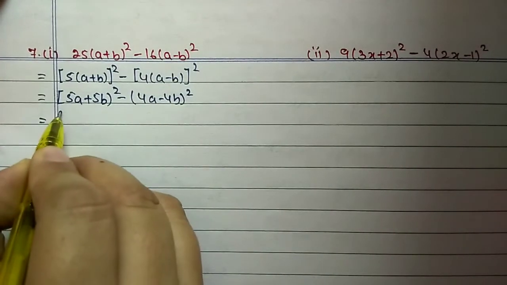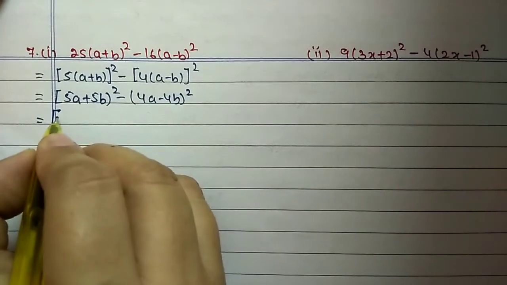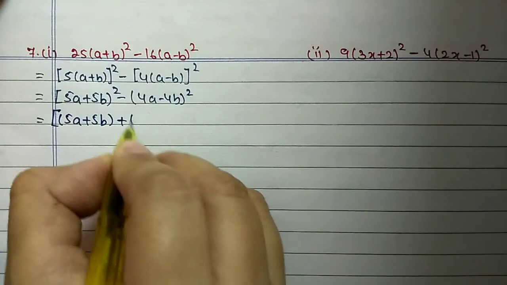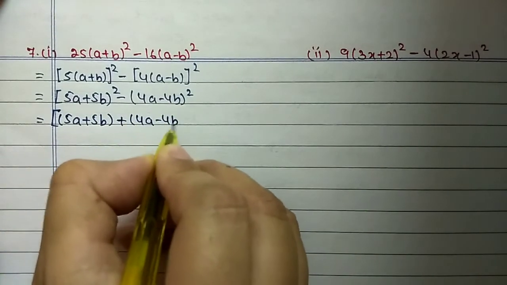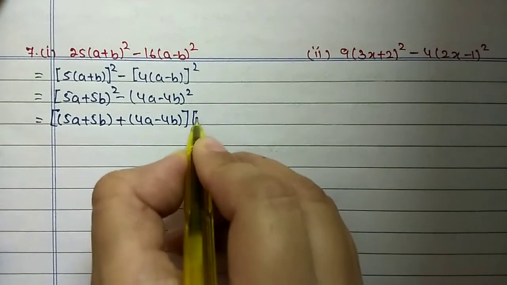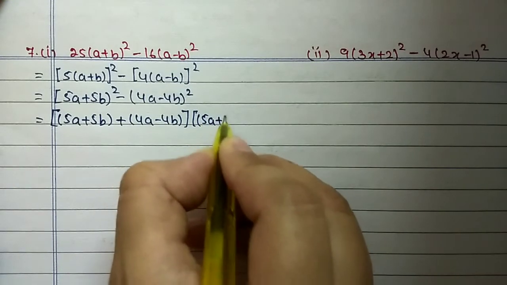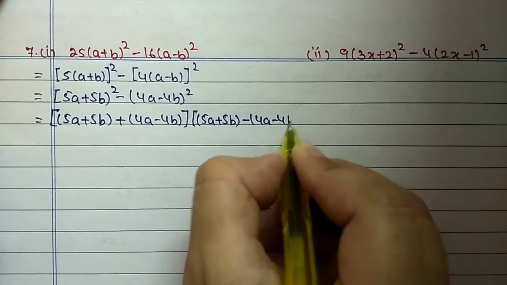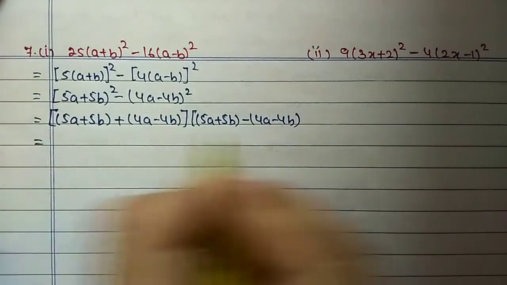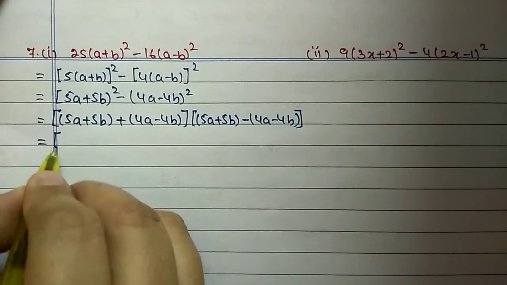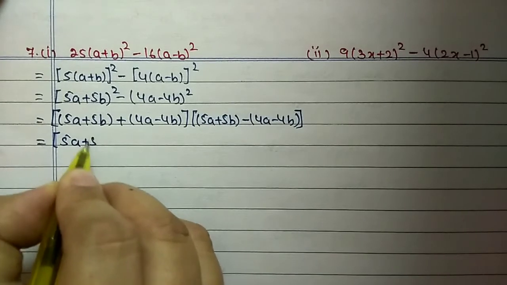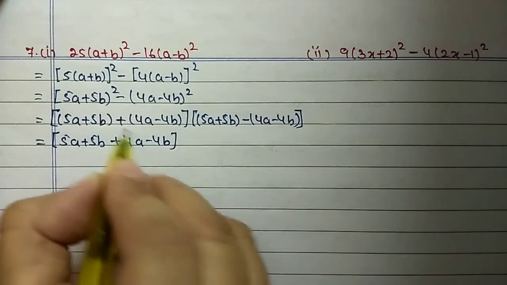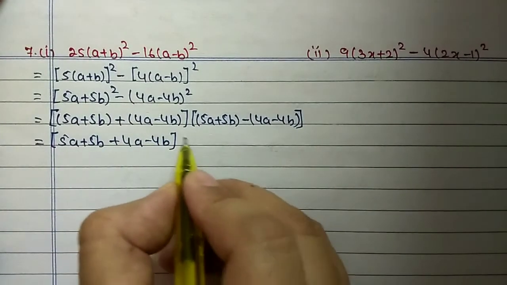Once you have to add these, and once you have to subtract: (5a + 5b + 4a − 4b), and another bracket you have to subtract: (5a + 5b − 4a + 4b). Now remove the bracket. 5a plus 5b plus 4a minus 4b, because plus symbol is there, as it is you can open.